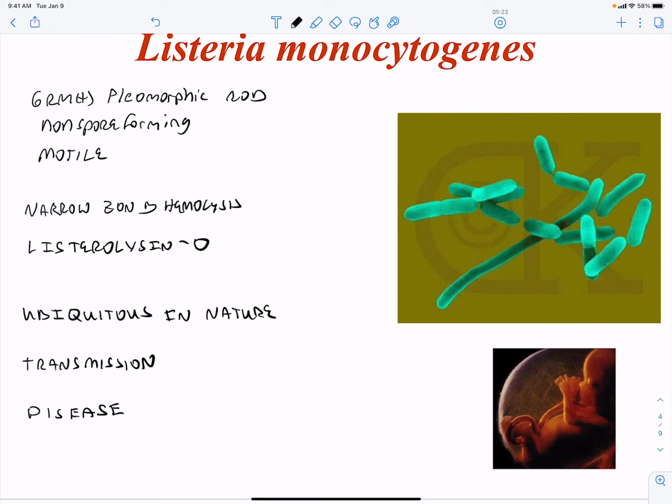They also have what we refer to as a narrow zone of beta hemolysis on blood agar, and all pathogenic strains are going to express listeriolysin O. This guy is going to be ubiquitous in nature, meaning it's going to be in the soil, water, milk products, processed meats, and feces of mammals, which also includes humans and birds.